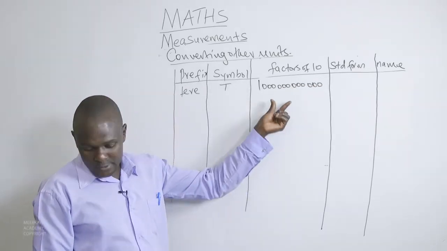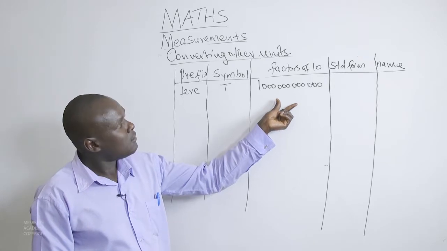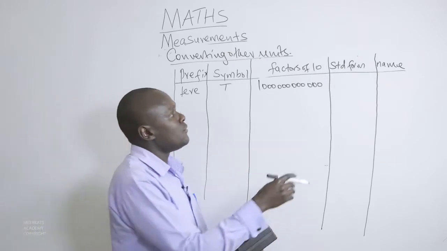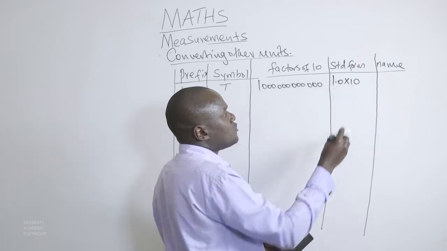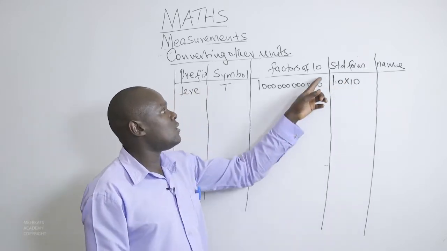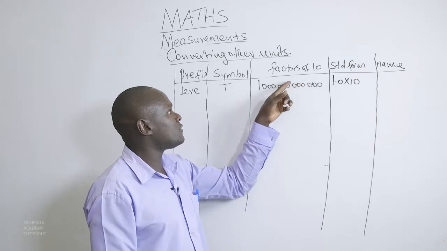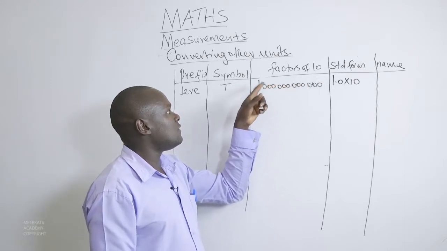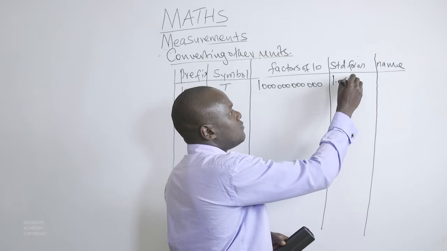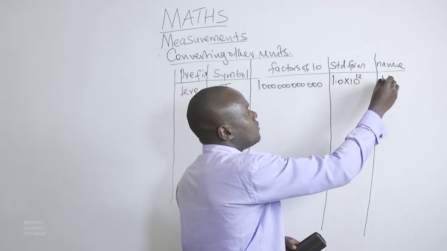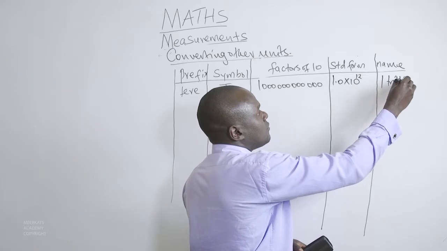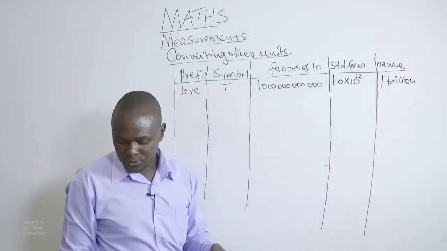So if you want to write this in standard form, this will be 1.0 times 10 raised to the number of zeros that we have: 1, 2, 3, 4, 5, 6, 7, 8, 9, 10, 11, 12. This will be raised to 12. And this is the same as 1 trillion.